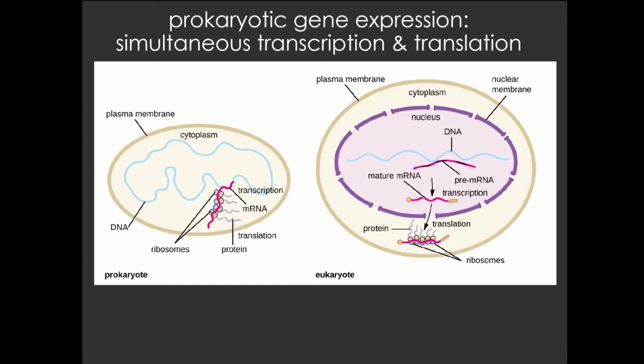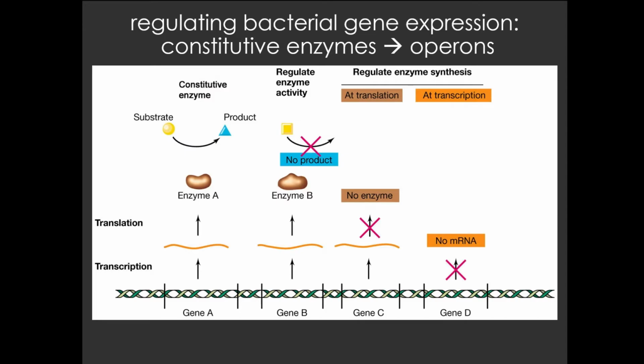The other difference between gene expression in prokaryotes and eukaryotes is that prokaryotes do not modify messenger RNA transcripts like eukaryotes do. We mentioned earlier that bacteria can regulate gene expression and change their phenotype in response to environmental changes, even though they only contain one allele for each of their genes.